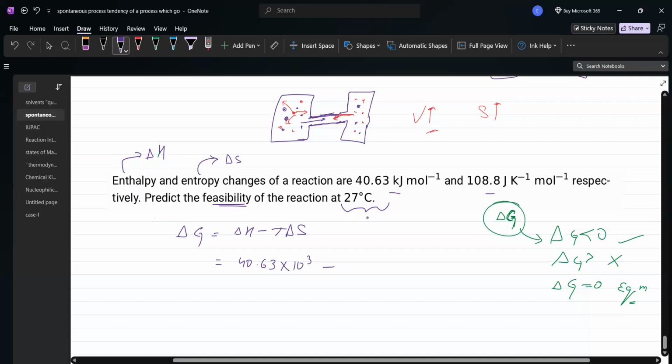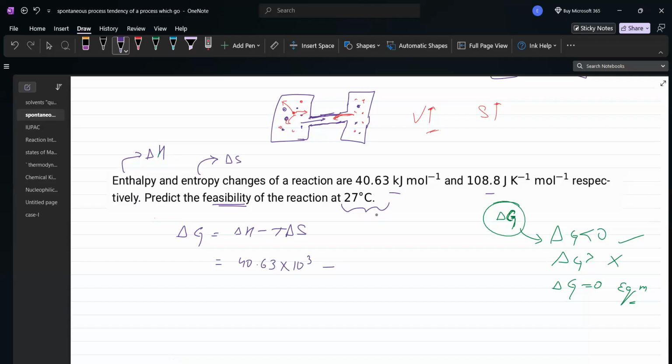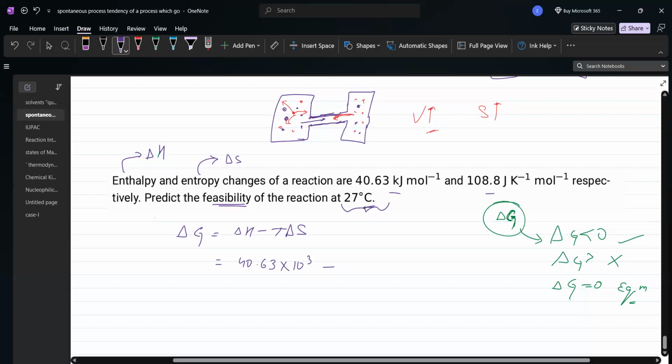The temperature is given as 27, but 27 will not work because this is in degree centigrade, so we will convert it into 300 Kelvin after adding 273. And we will multiply it by delta S, the change in entropy, which is given as 108.8, right?